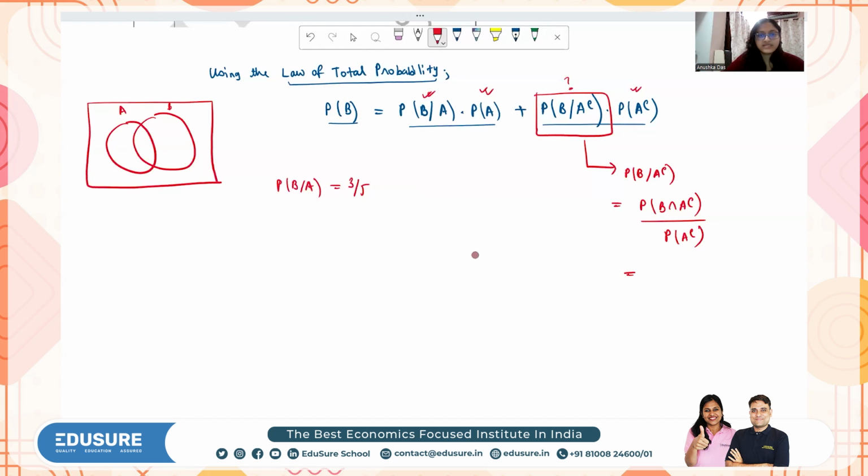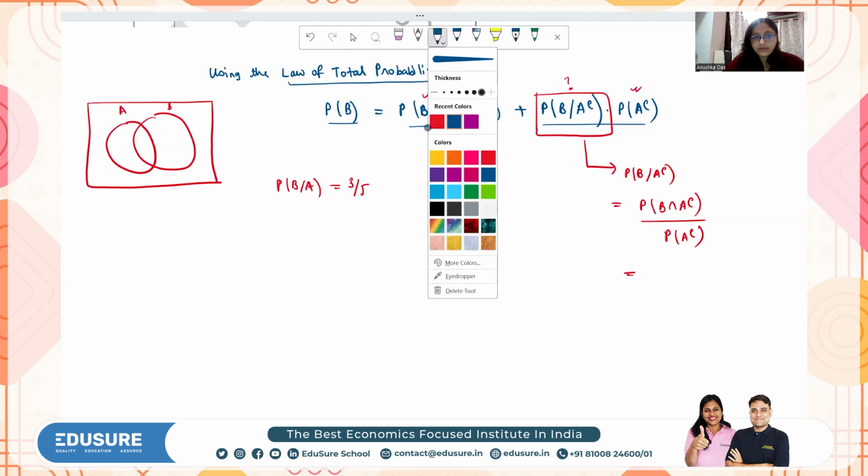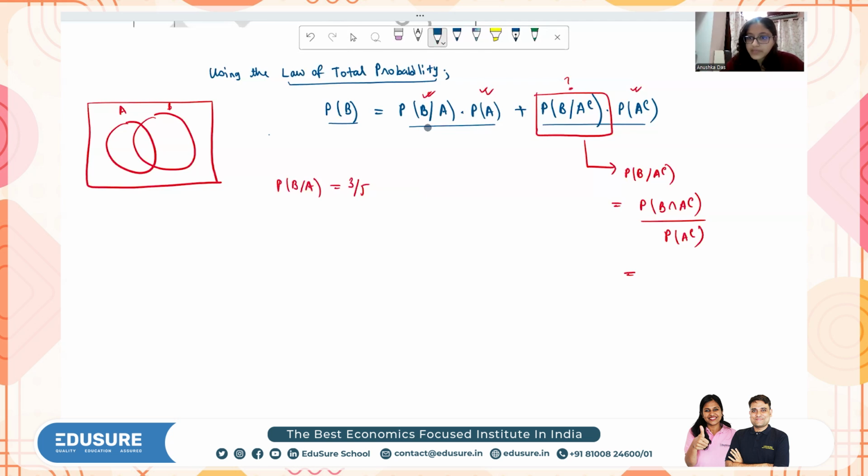I'm just making a rough sketch just to make you understand. So probability B intersection A complement will be which portion? In the Venn diagram, this is this portion, which represents probability B intersection A complement.